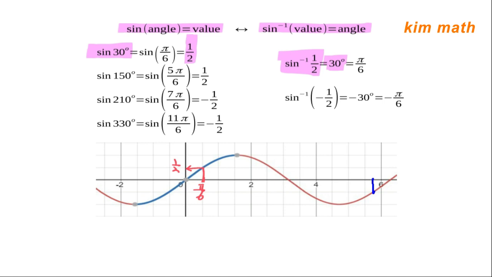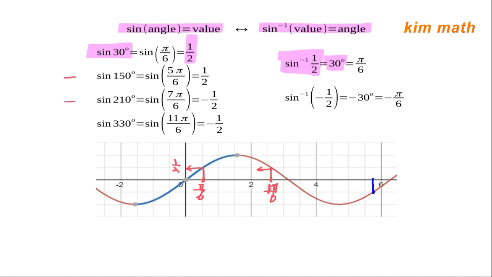Now next one, sine 150 is also 1/2. Sine 150 or 5 pi over 6 is about here. If you move to the y-axis, this is also 1/2.